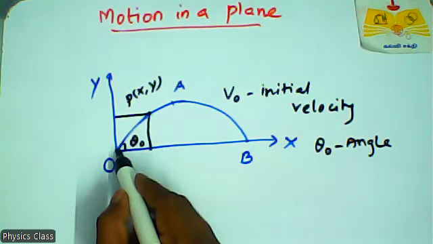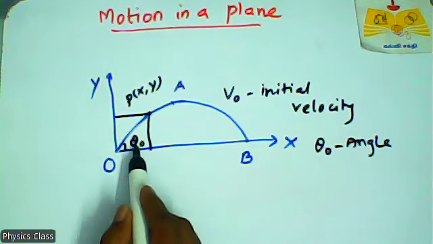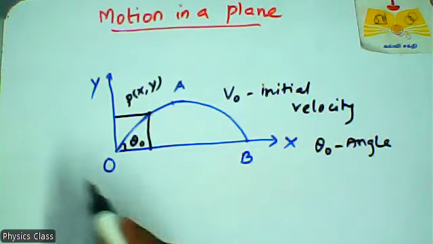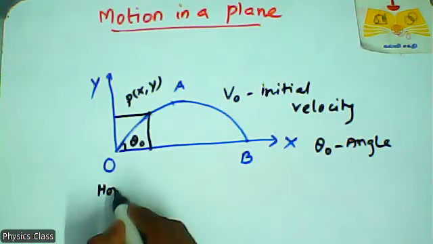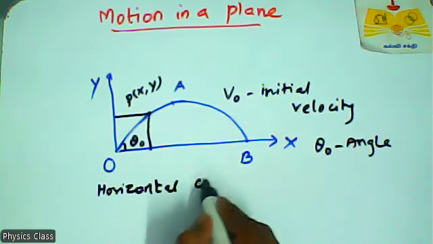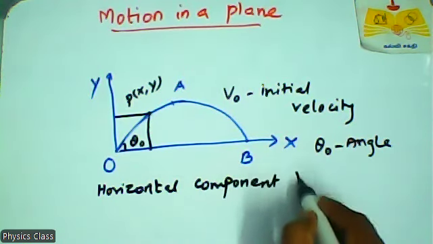In this case, that velocity will split into two components because of theta. One is horizontal component, another one is vertical component. The initial horizontal component is denoted as Vx.